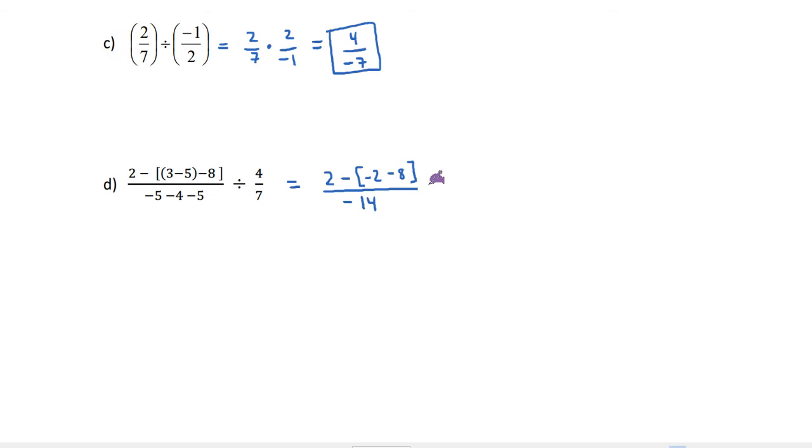And that divided by 4 over 7, we'll just carry that along. You could change that now to multiply by 7 over 4, but let's just carry it along so you can see what simplifications I'm doing first. So really all we did here was simplify the denominator and what was in those parentheses.